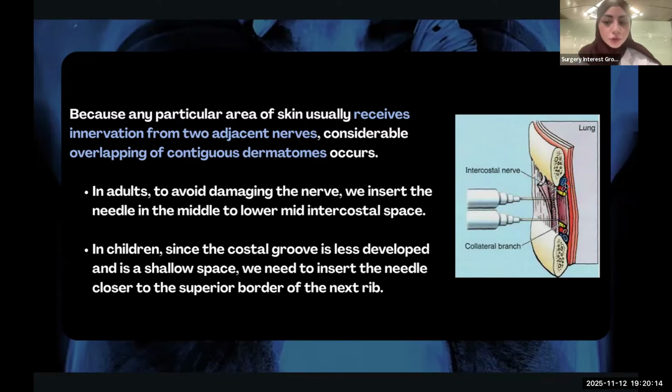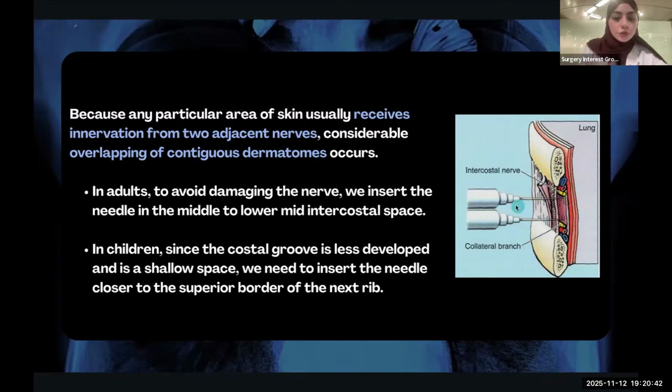Okay, so where would I want to put it? First of all, let's say that this is the area that I'm interested in anesthetizing. And again, remember the neurovascular bundle and how it runs. The nerve is the most vulnerable for being injured, which is why I want to go in the middle of this intercostal space to avoid hitting it, but also to be able to infiltrate the drug enough for the nerve to be blocked.